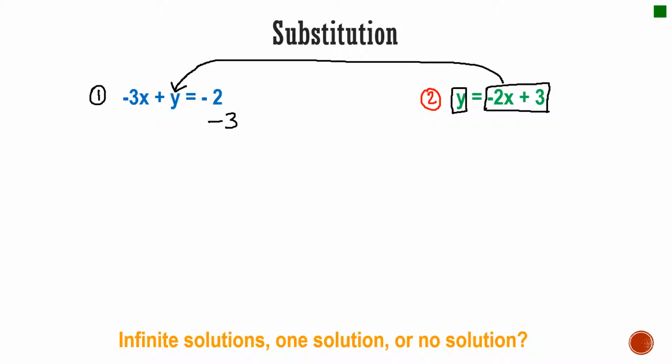I'm going to rewrite the whole equation so you can see the substitution right underneath. Negative 3x plus y equals negative 2. Then I'm going to make my substitution here.